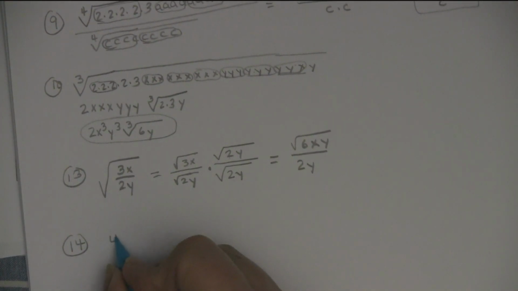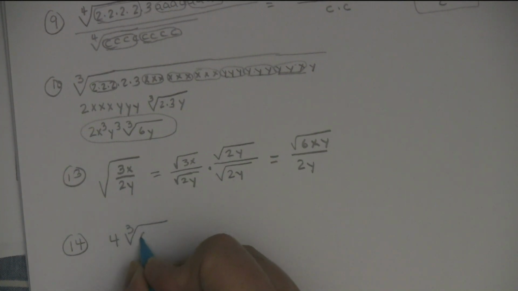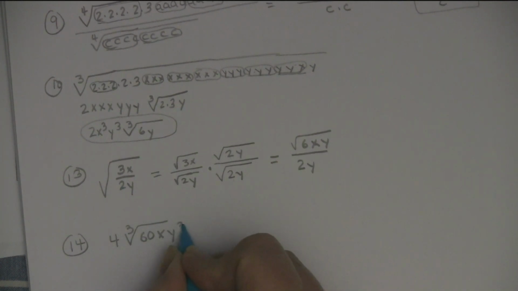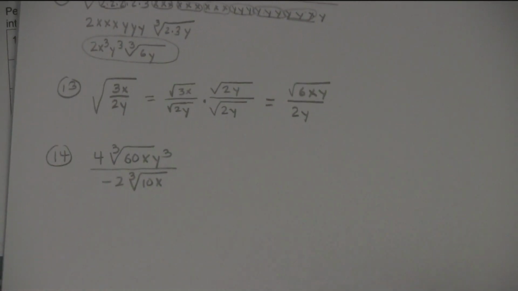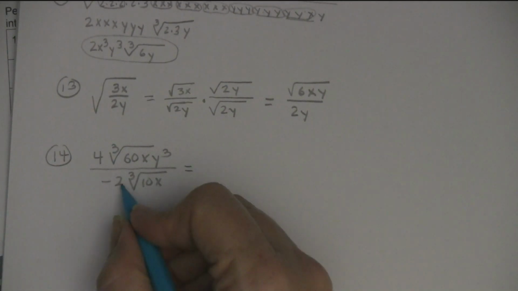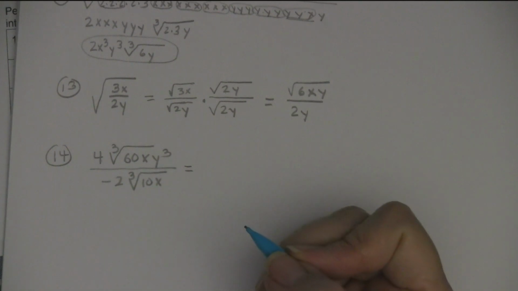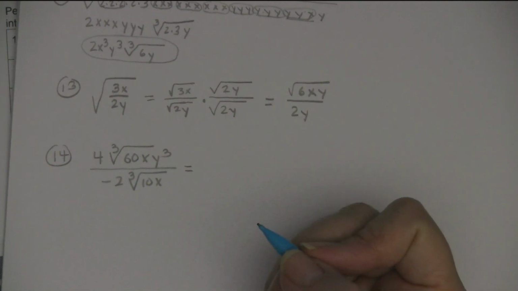Then number 14. And so we have 40, and then we have the cube root of 60xy cubed over negative 2, and then the cube root of 10x. So this 2 and that 4 will reduce with one another, or I could wait to reduce them.